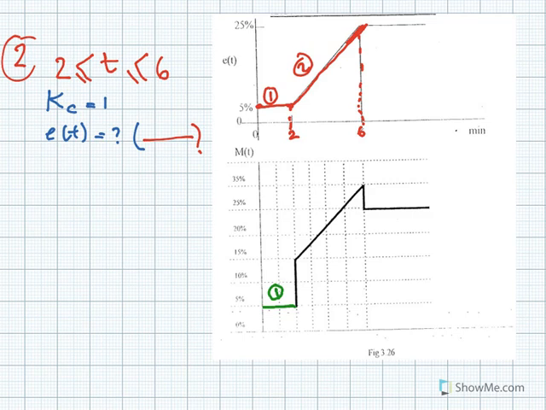The first step here is to find the equation of the straight line of the error line from 2 minutes to 6 minutes.